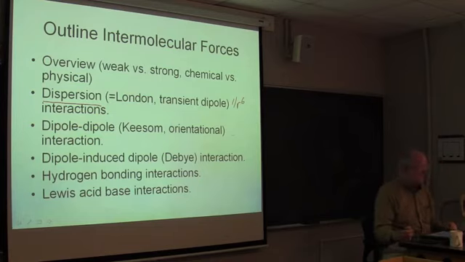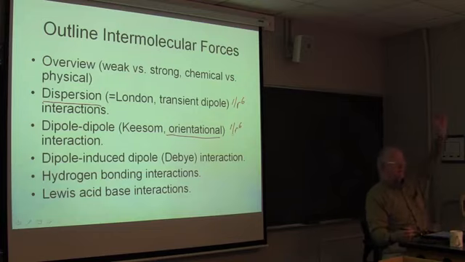We also talked about permanent dipole interactions, also called Keesom interactions, also called orientational interactions. When we account for the fact that the dipoles are spinning around very rapidly, these too depend upon 1 over r to the 6th, but they get weaker as we increase the temperature.